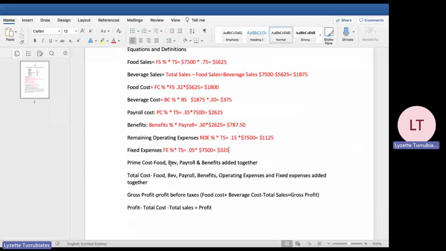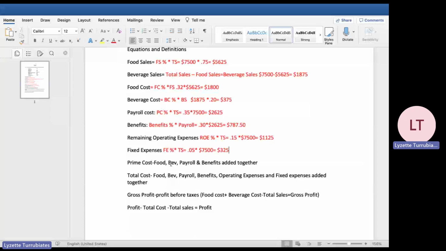So prime cost is going to equal, so let's look, $1,800 plus our beverage cost, which is $375, plus our payroll cost, which is $2,625, plus our benefits, which is $787.50.